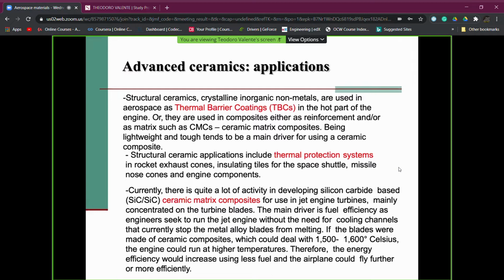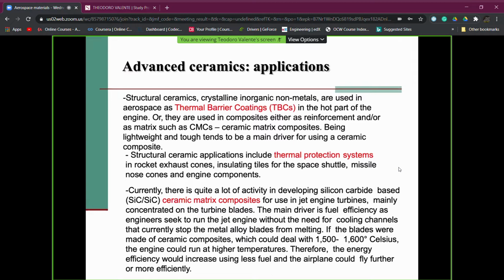When we are talking about the possibility to use a ceramic material, in the form of composites, inside engines, we can understand quite easily the rationale of this purpose.